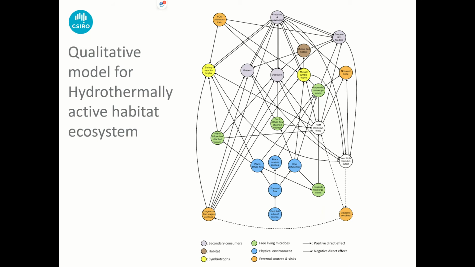It's definitely a complicated model, and it has quite strong drivers associated with it, particularly through the physical environment. Again, this is our working hypothesis of the way that we think the system operates and the way it's going to change.